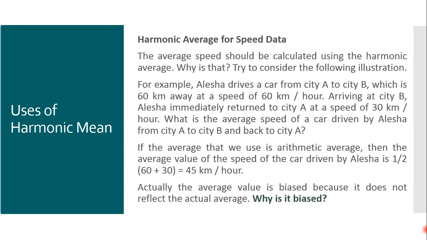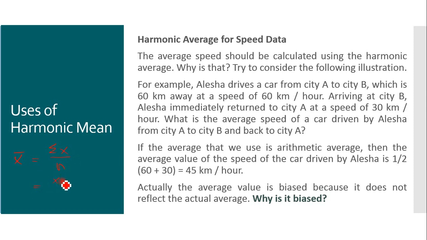What is the average speed of a car driven by Alessa from city A to city B and back to city A again? If we calculate the average by arithmetic mean, then the average speed of the car driven by Alessa is half times 60 plus 30, and it is 45 km per hour. Don't forget that the arithmetic mean x bar is sigma x per n.